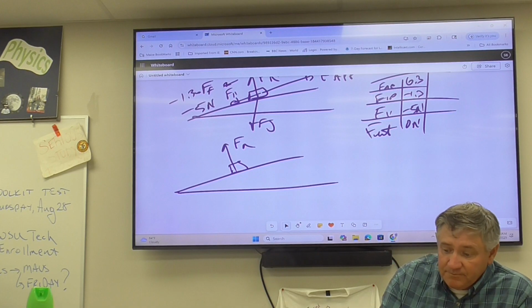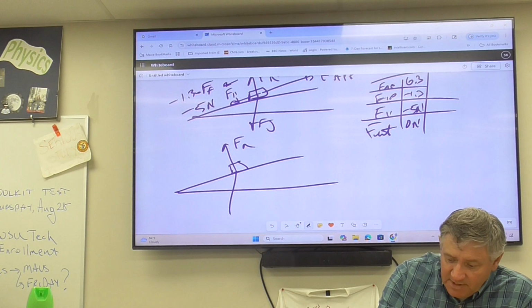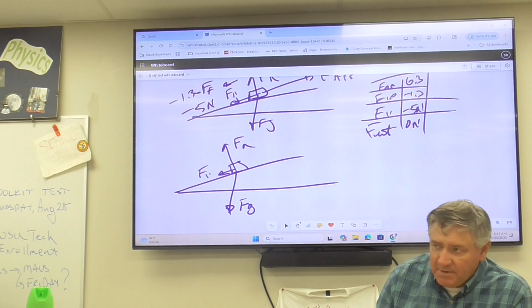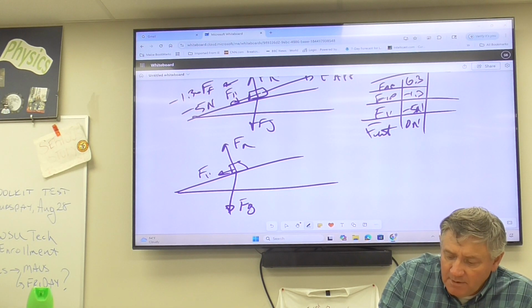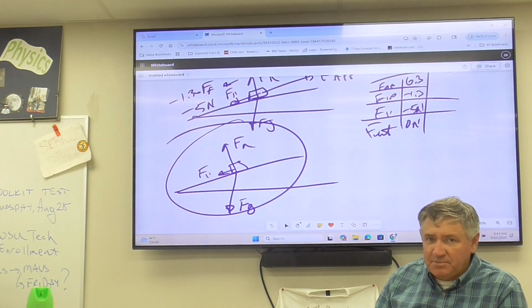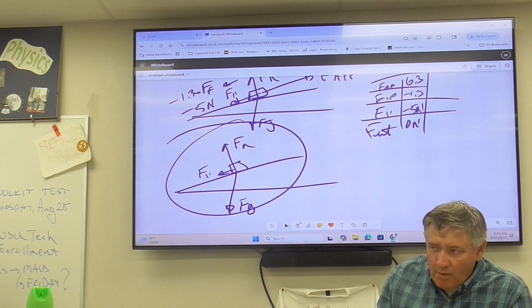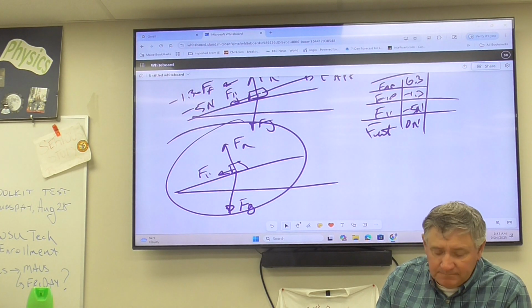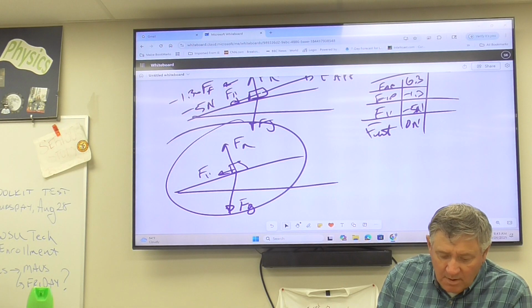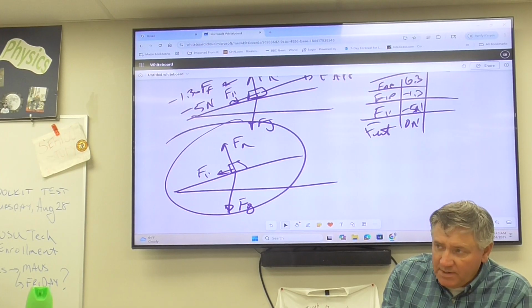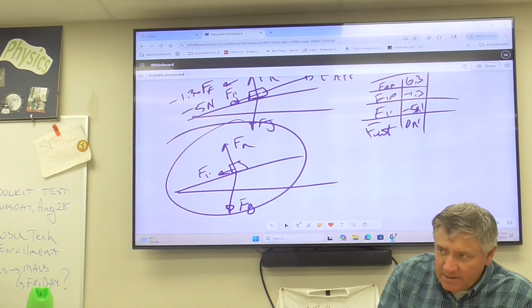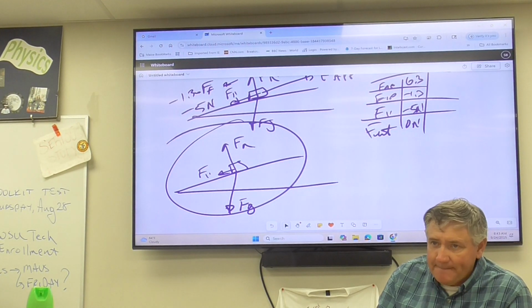What are the other two? Force gravity, which is straight down, and force parallel. At a minimum, every time you see a triangle for those forces, that inclined plane, those are the 3 that you always have to have. Okay? So, then yes, there is the backside, but do all the work on here, do all the diagrams on here. Okay? All right. We're good.